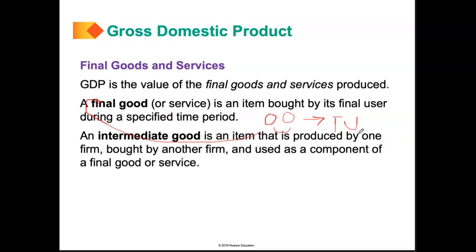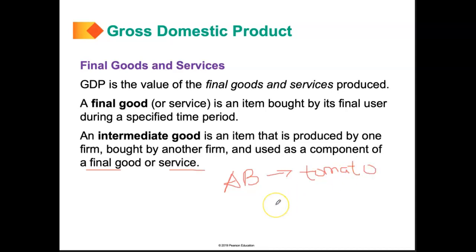Conversely, we have what we call an intermediate good. An intermediate good is a good that is bought by a firm to produce another good, and is used as a component of a final good or a service. For example, suppose Applebee's goes into Walmart and they buy a tomato.